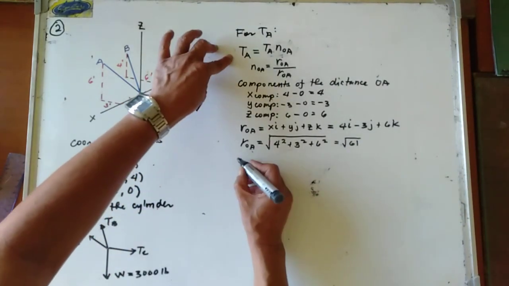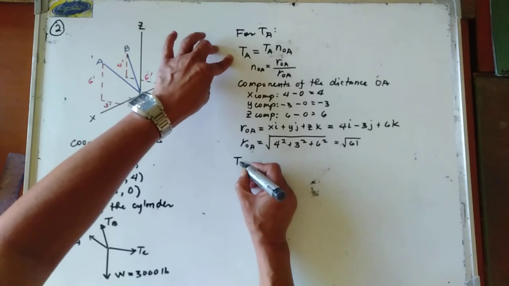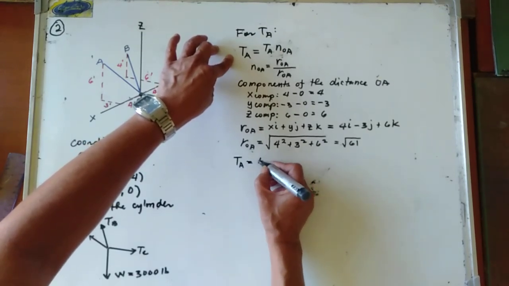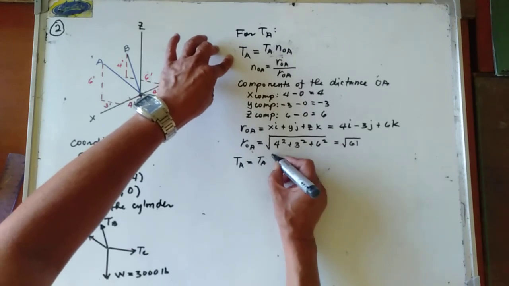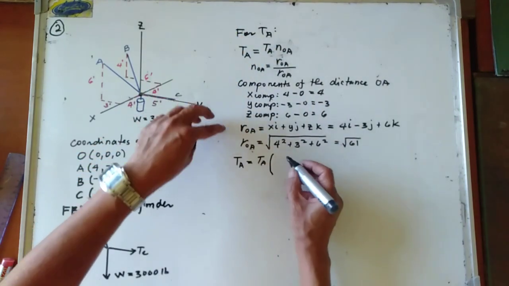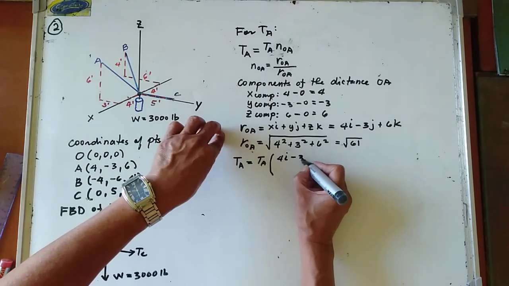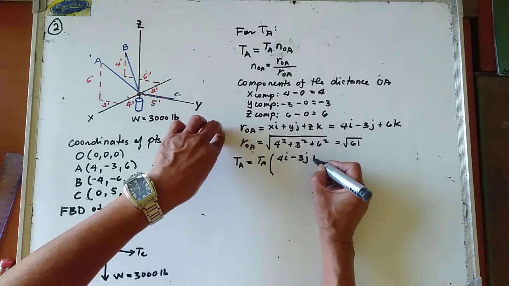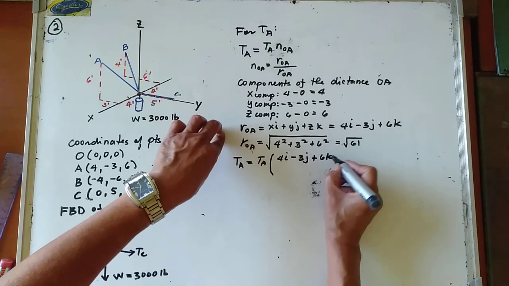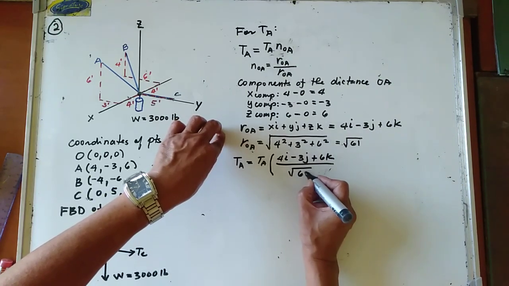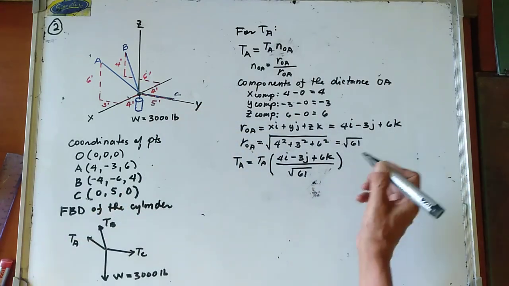Hence, your TA in Cartesian vector form is equal to TA times 4i minus 3j plus 6k all over the square root of 61.